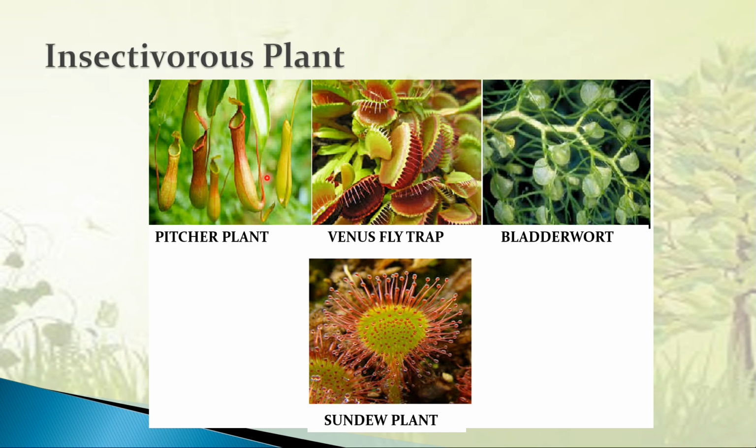Now, one by one, I will explain the characteristic features of each plant. First, pitcher plant. The lamina of the pitcher plant is modified into a pitcher-like structure. The apex of the leaf forms a lid. This is the lid of the pitcher plant.